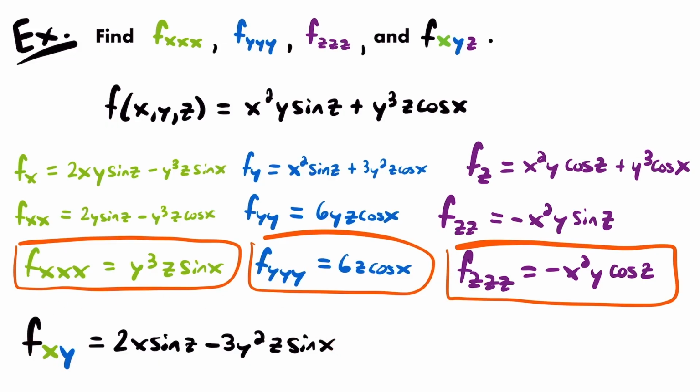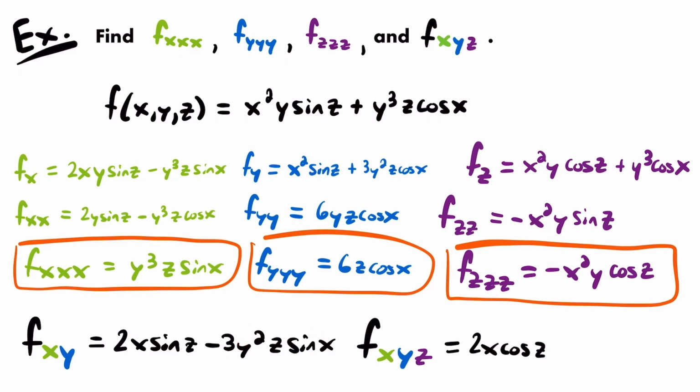Now, we're almost done. We can find f sub xyz by taking a partial derivative of fxy with respect to z. All right, so fxyz will be equal to the partial derivative of fxy with respect to z. So looking at the first term here, 2x would be a constant, but we do need to differentiate sine z. The derivative of sine is cosine, so we get 2x times cosine z. And then for the second term here, we have z to the first power, and everything else would be a constant.